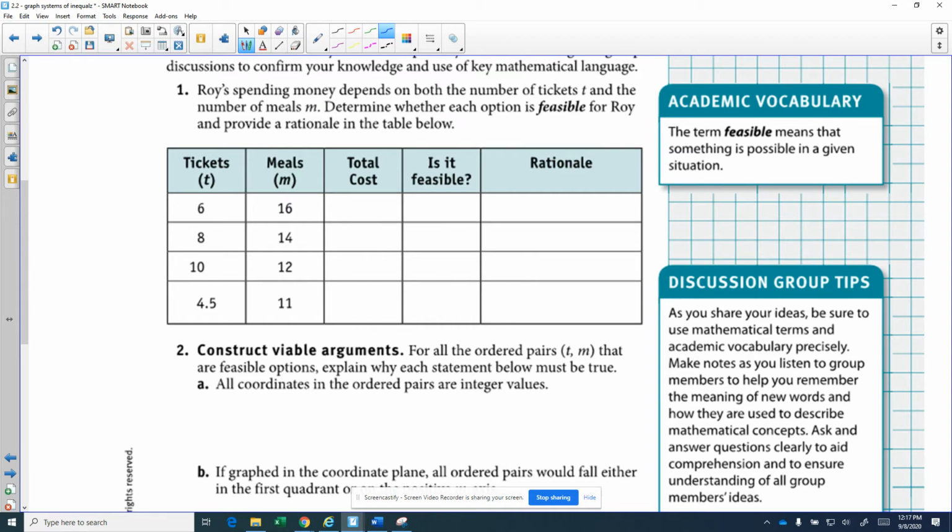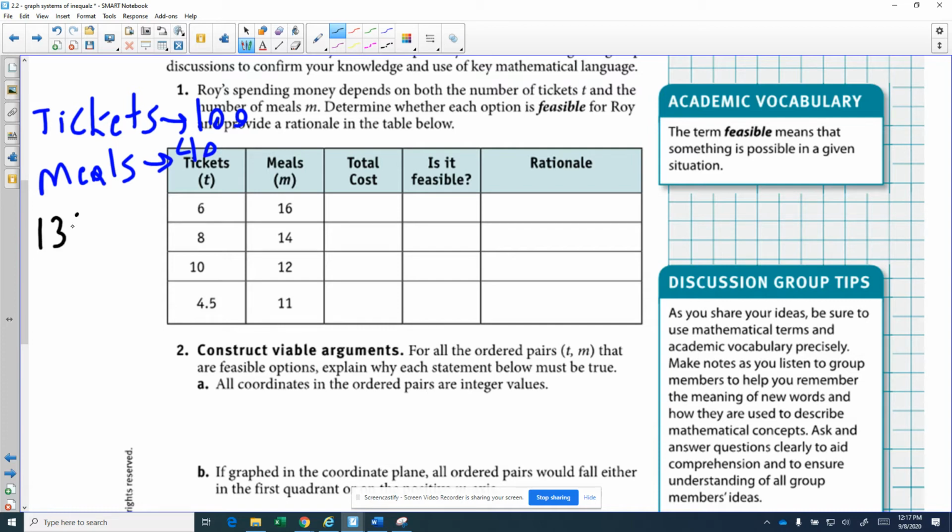Now, if you remember correctly, tickets cost $100 each, while the meals cost $40. So what we want to do is figure out, is the total cost feasible and does it actually work? The last piece of information that you have to remember is we had $1,360 total.